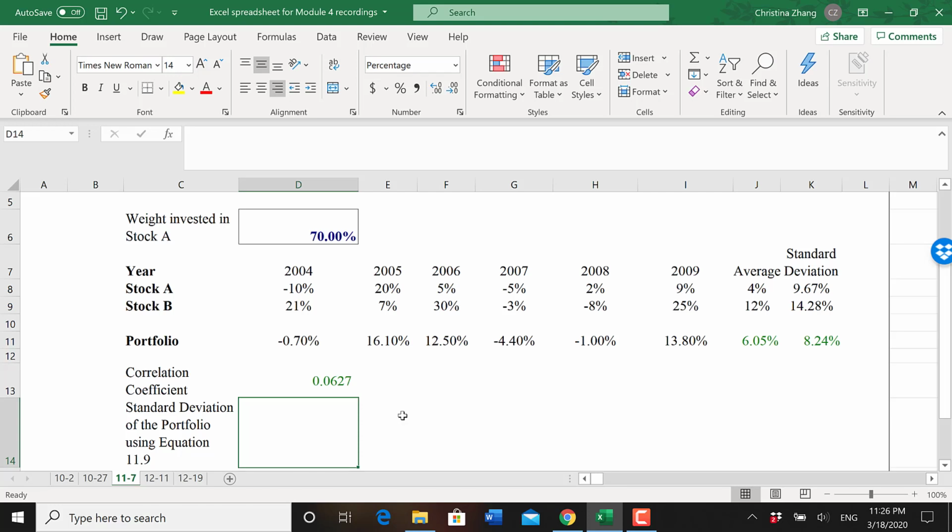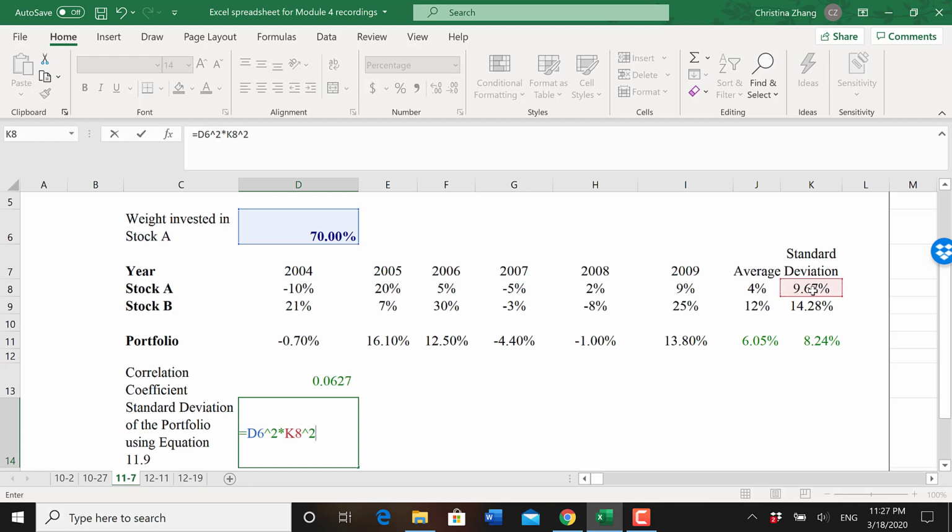All right, so the standard deviation of the portfolio using the equation is going to be what? It's going to be my weight in A, which is 70%, squared, times my standard deviation of A squared, plus my weight of B, which is 30%, squared, times my standard deviation of B squared.